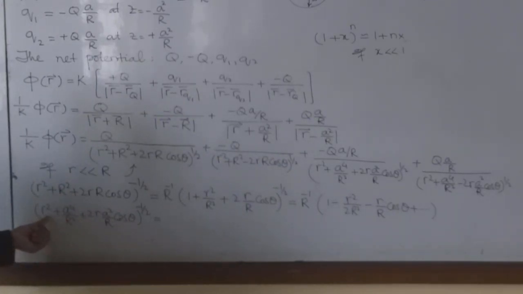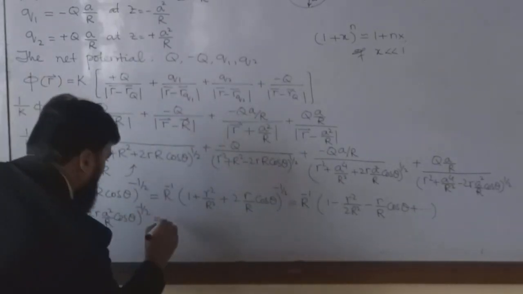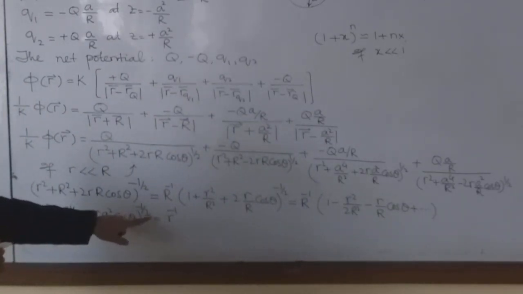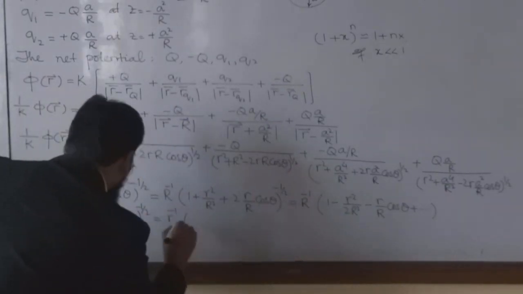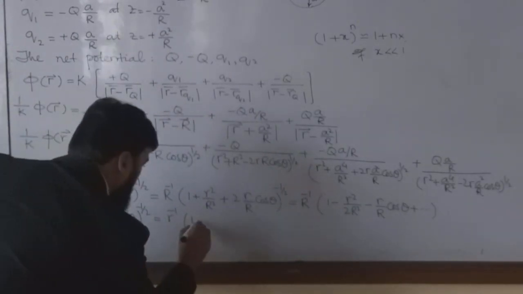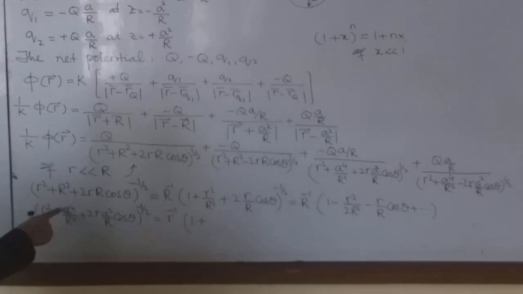So I will take small r as common now. So this will be equal to r minus 1, because the square is taken as common, so the square cancels here, and we will have r minus 1. And then here I will have 1, and then plus, what about this one? It will be a4 over r square.